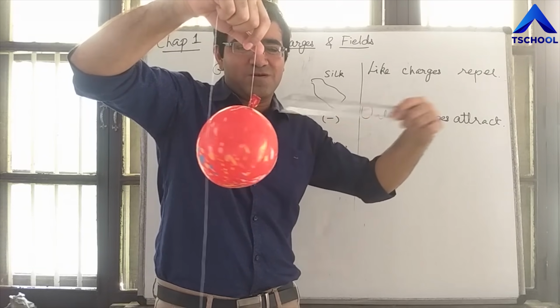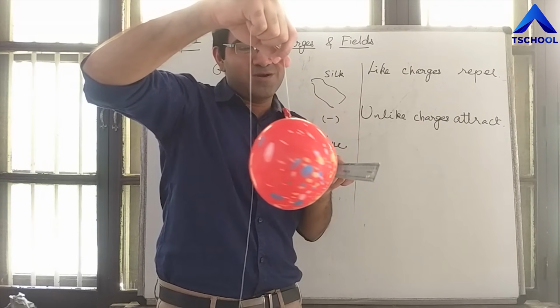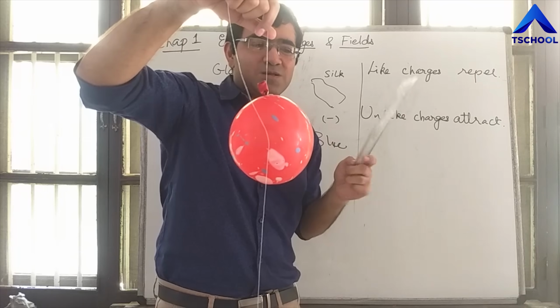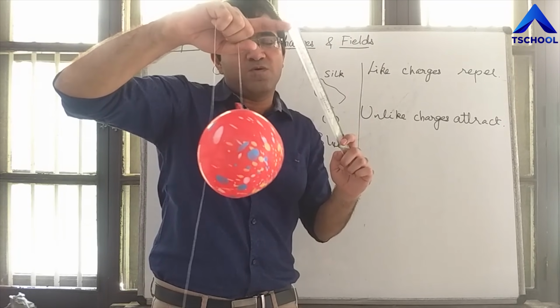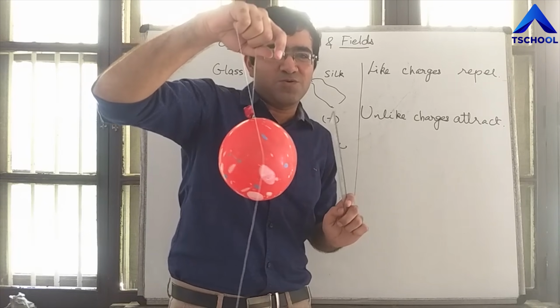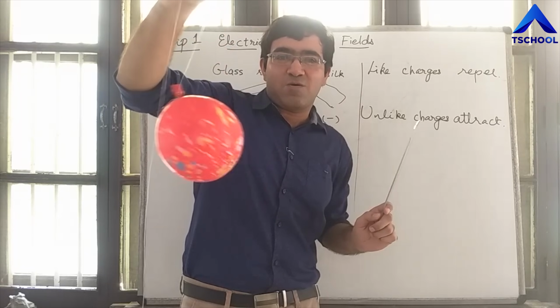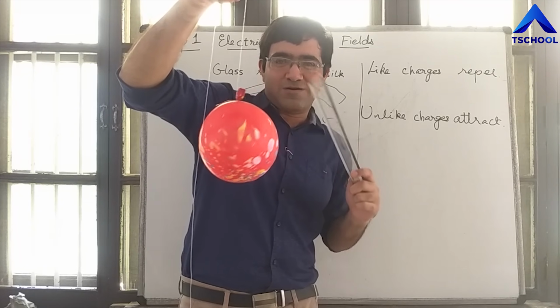If I bring this over here or over here, you can see the balloon wants to come to the ruler. Well, that is because this end of the ruler will be negatively charged and the surface of this balloon is positively charged. But like I have said, it is also possible that objects can attract neutral objects.